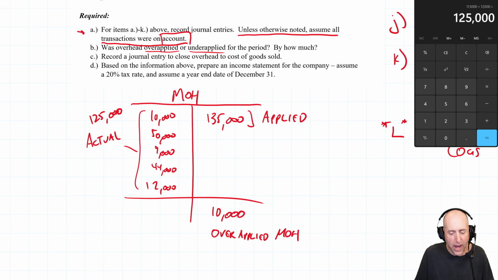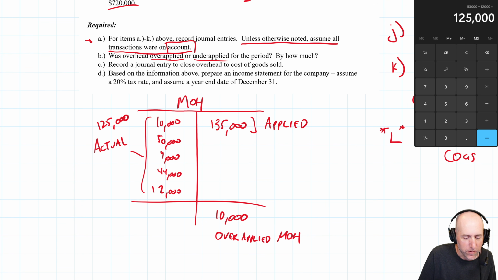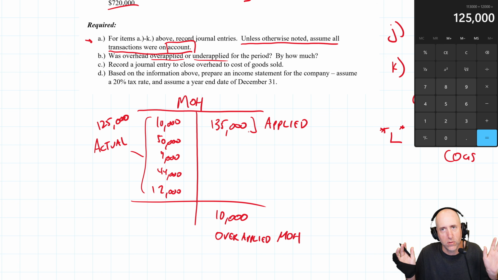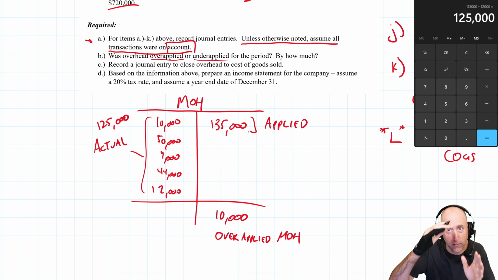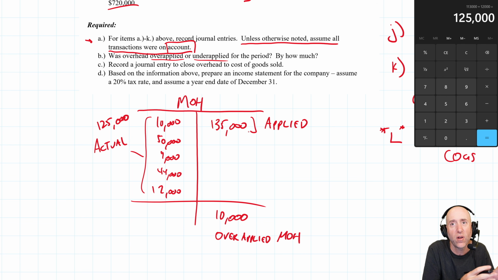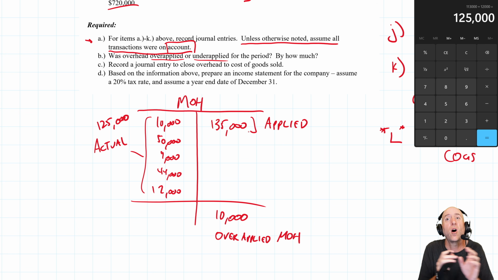Now, what is actually happening here? During the year, I estimated my overhead cost was 135 based on these transactions that happened. I was off by 10 grand. I charged too much overhead to my jobs, just one little job at a time. $10,000 overall, too much overhead was charged to my jobs. In other words, I thought my jobs cost $10,000 more overall than they really cost.